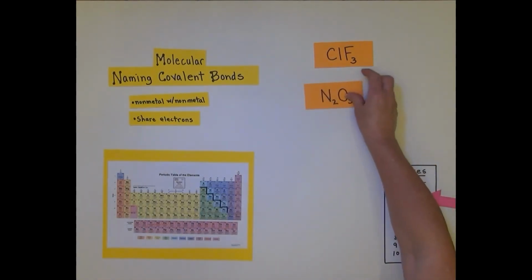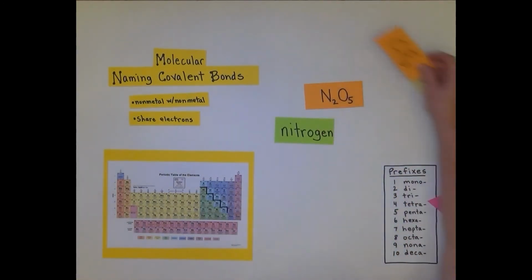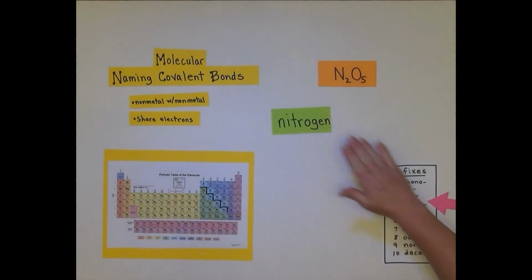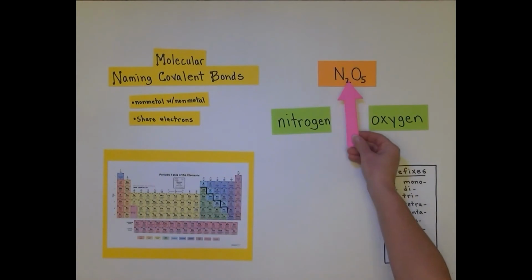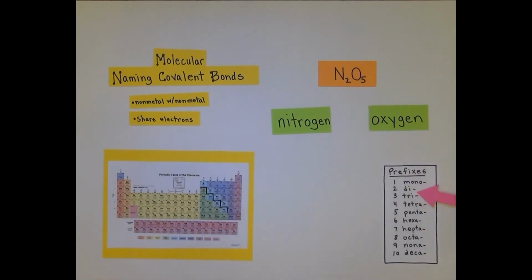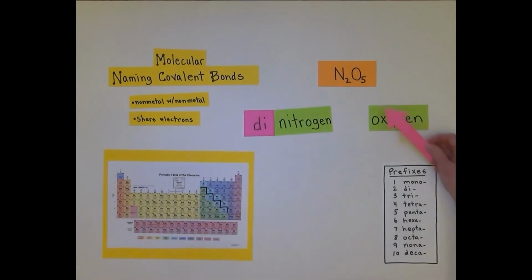The last one we're going to try is N2O5. N is nitrogen, O is oxygen. So we bring out our nitrogen, and then we need oxygen again. All right, now we have subscripts that are not ones. So we need 2, which is di, and we're going to put that in front of nitrogen. And then we need 5, which is penta.